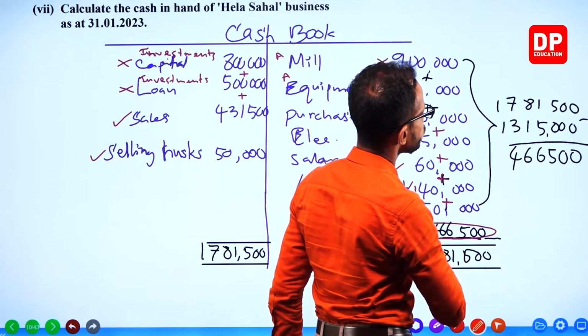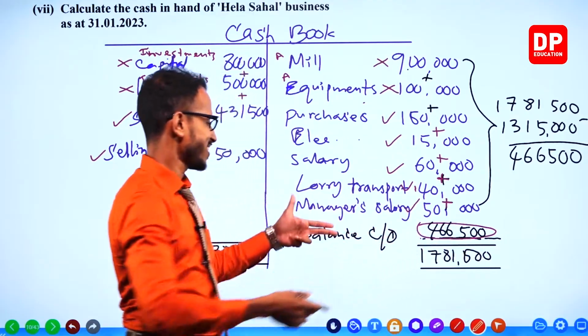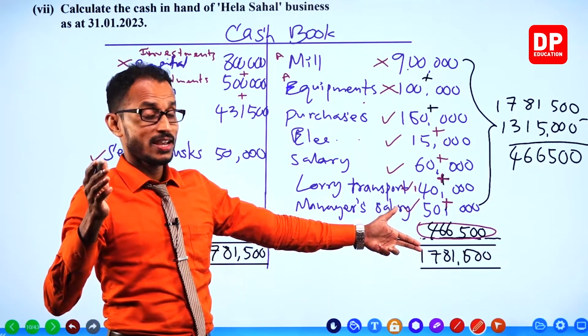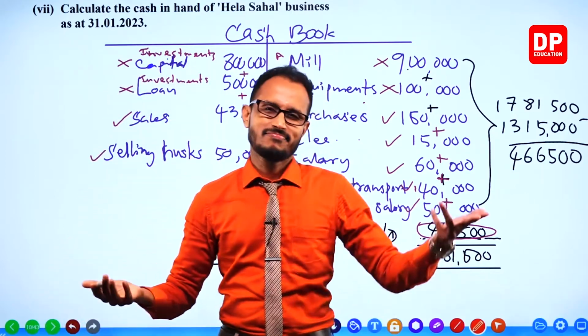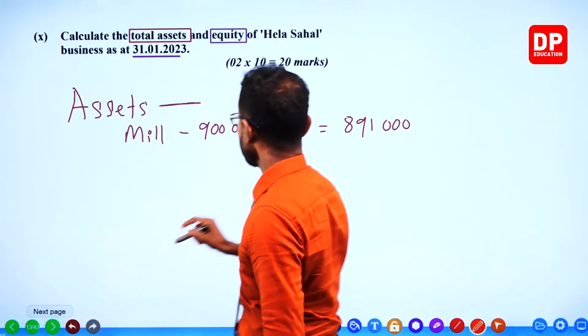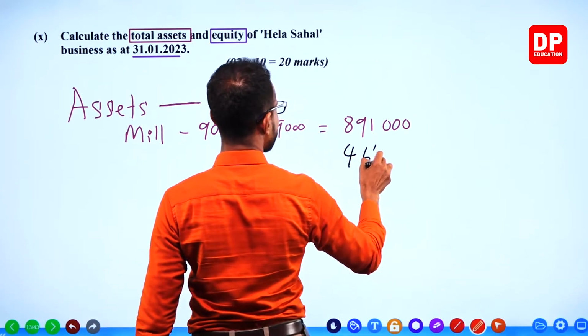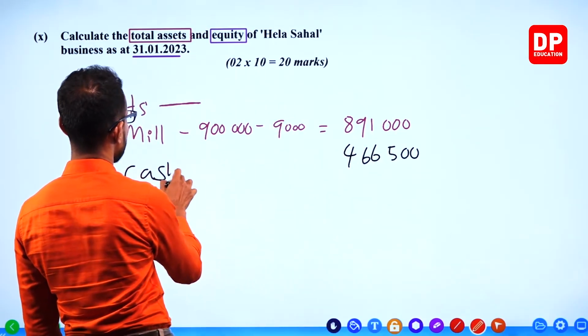I left it for you to calculate. Now I did it. Have to take it now for assets. Cash is 466,500. That is cash balance.